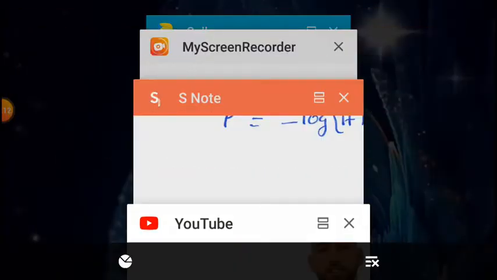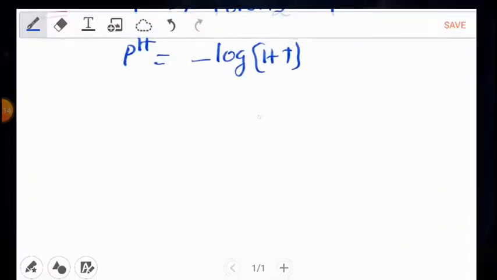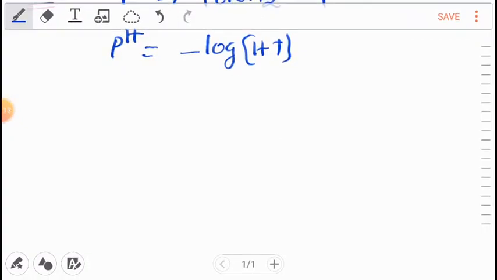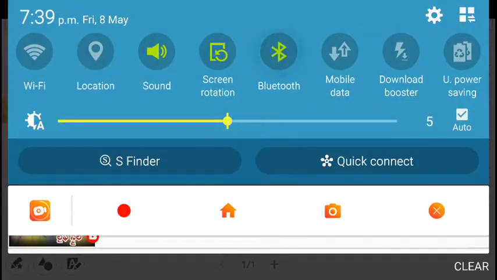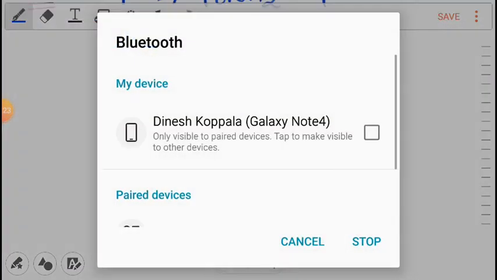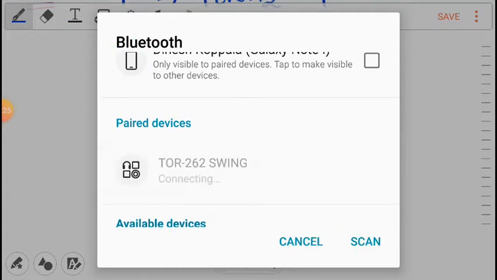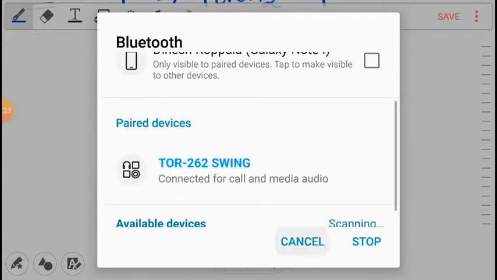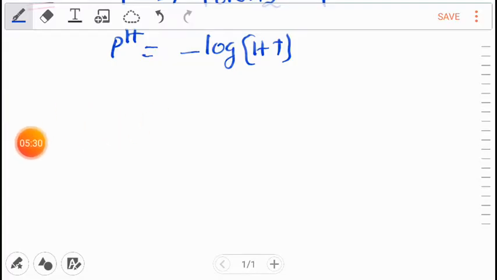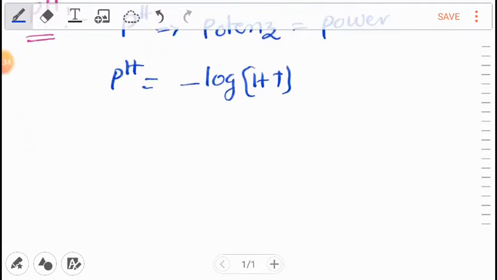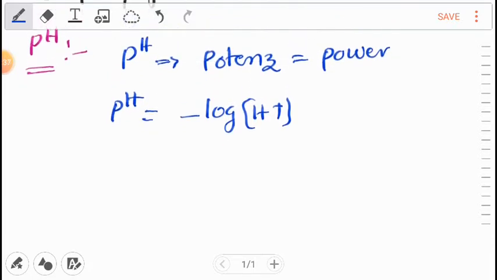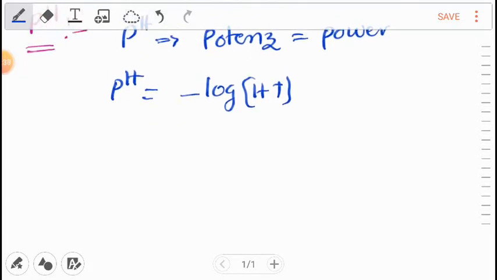So I explained this to you. I think you understood this one. You understood the pH experiment, and then what are you going to do?